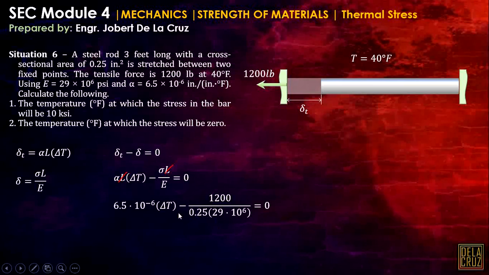Now, as you can see, we can calculate the change in temperature. That is 25.46. And as we analyzed kanina, dapat we have a drop of the temperature or decrease of the temperature because nga nag-induce siya ng tensile force. If this is compressive force, then it will induce a rise of temperature.